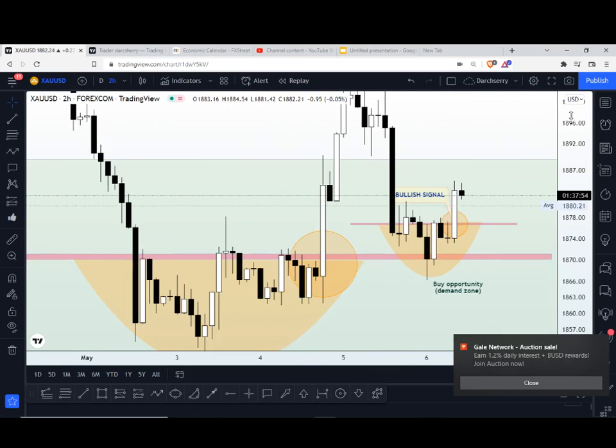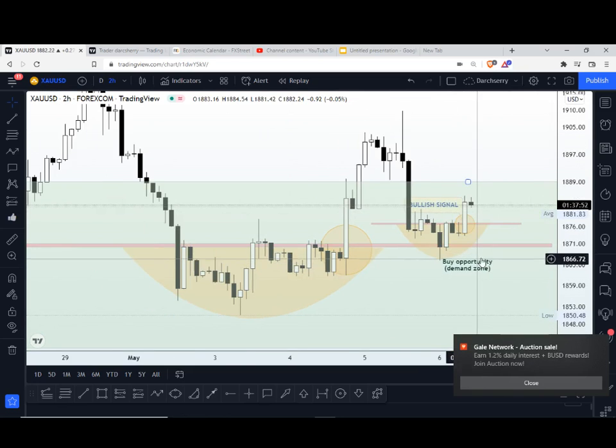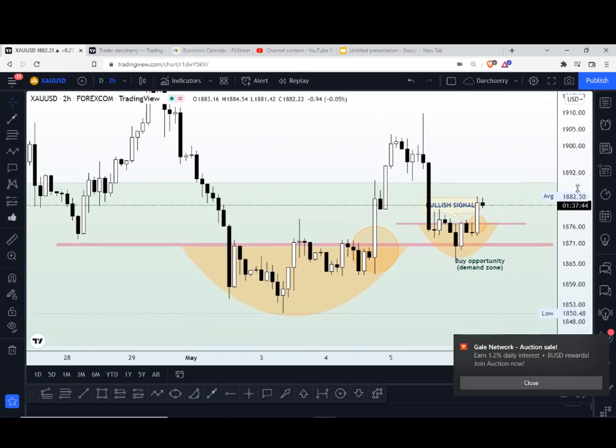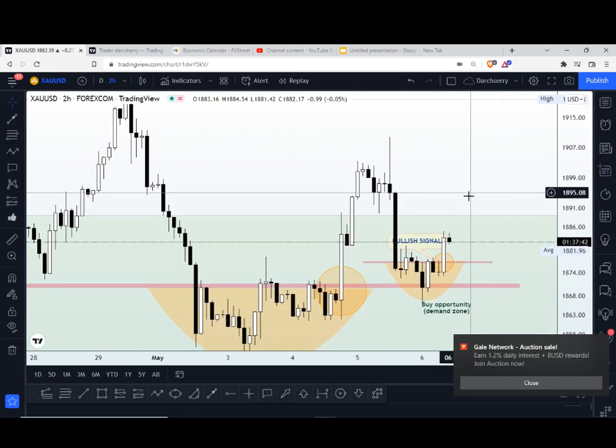So with this said, is price going to come down into this neckline? That's a big question. Now, if price does not come down, how do we want to take advantage?